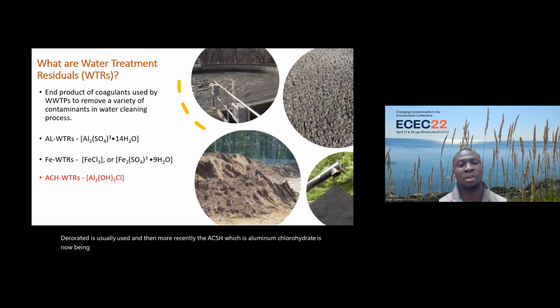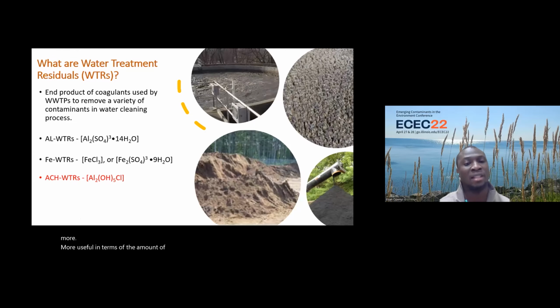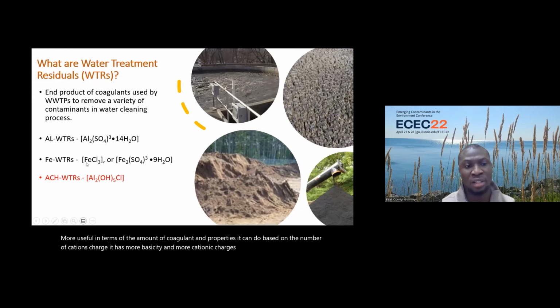Basically, these ACH-WTRs have been found to be more useful in terms of the coagulant properties, based on the number of cationic charges it has. It has more basicity and more cationic charges than both the aluminum and the iron treatment residual, so it's gaining more use in the water treatment plant process.